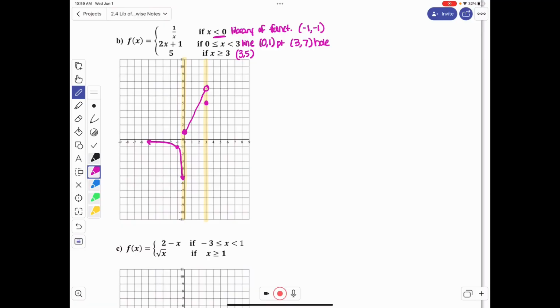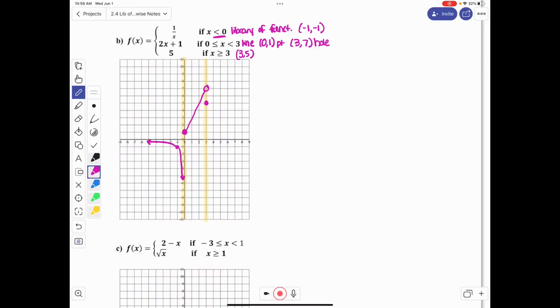So for B, our intercepts. So if we look at the graph, we can see that we have a y-intercept, and that line 2 minus x is what gives us the y-intercept. So if I want to find the y-intercept, I would plug in a 0 for x, so 2 minus 0 equals y.